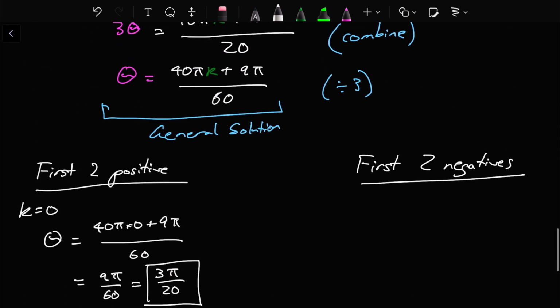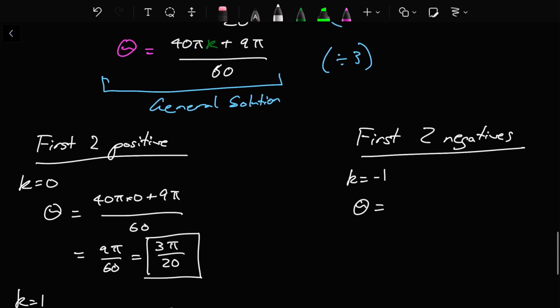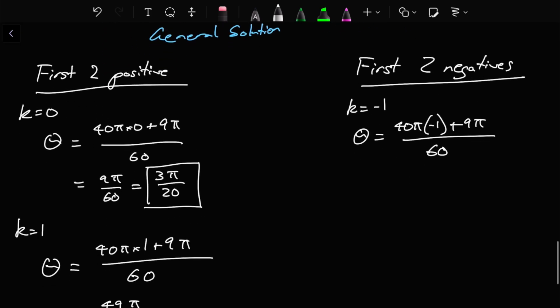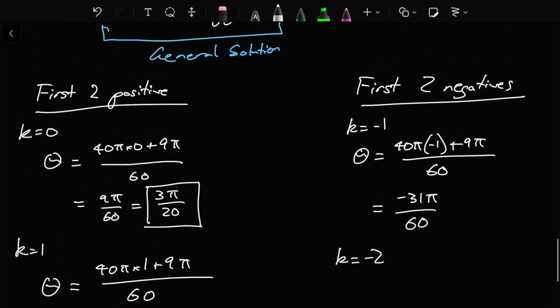The first 2 negatives, so we'll say k equals negative 1. So theta is equal to 40 pi times negative 1 plus 9 pi over 60, which is negative 31 pi over 60, not able to be simplified. k equals negative 2. So see how I'm just varying k?